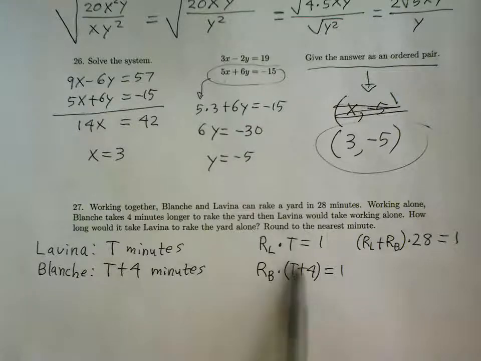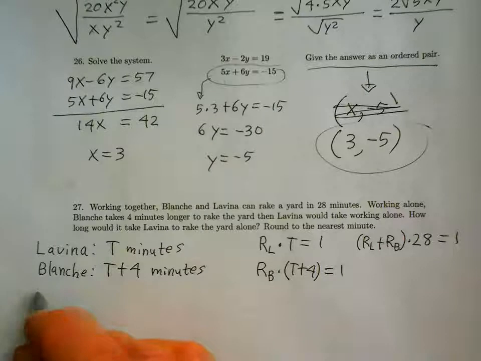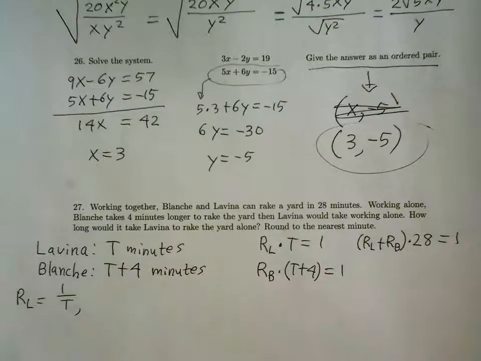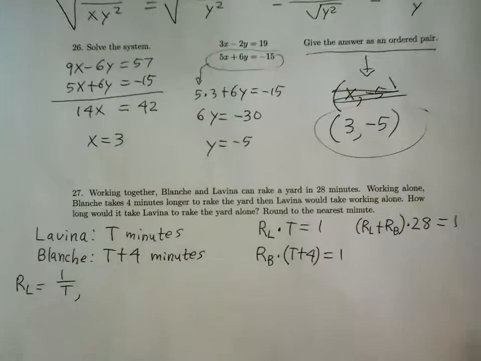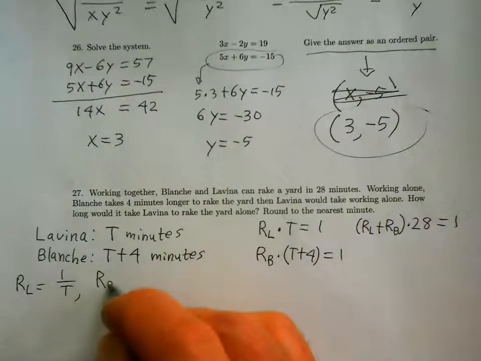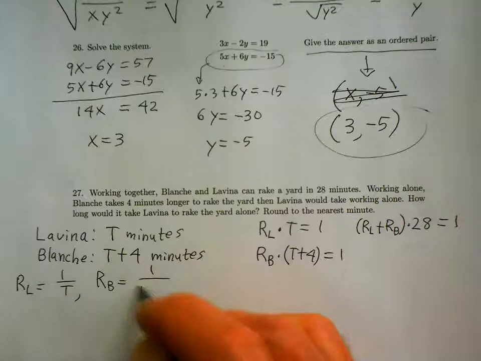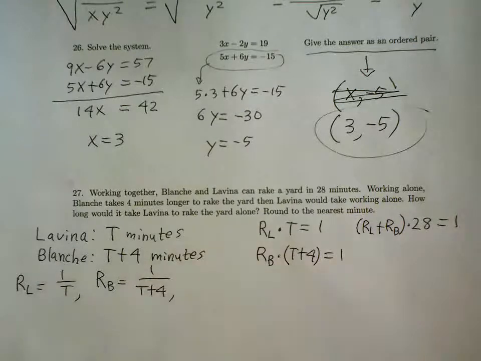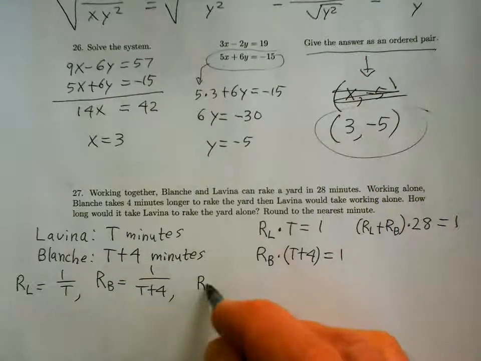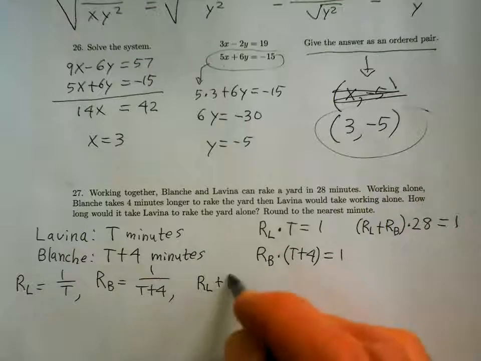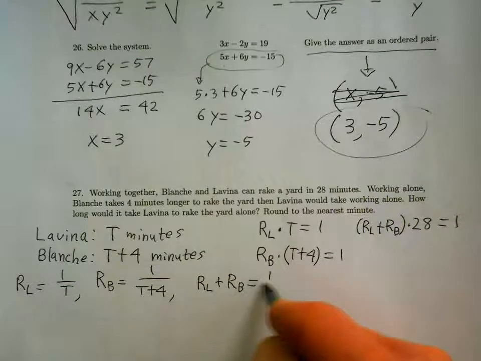So we solve each of those 3 equations for the rates. Lavina's rate is 1 over T. Blanche's rate is 1 over T plus 4. And the sum of the rates, Lavina's rate plus Blanche's rate, is 1 over 28.